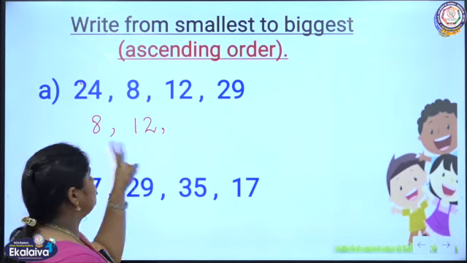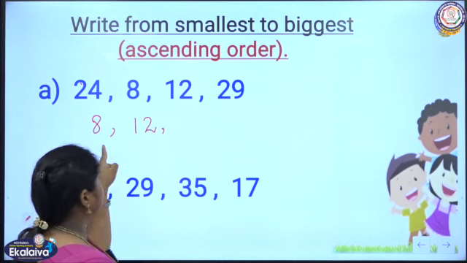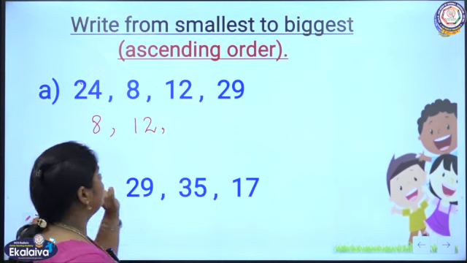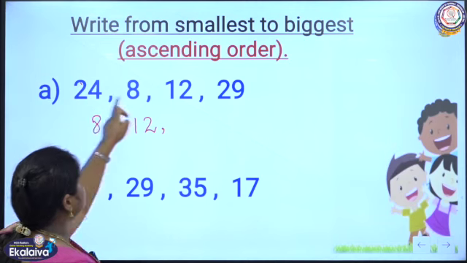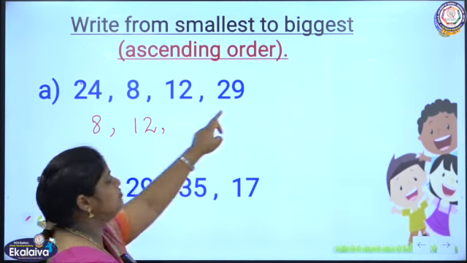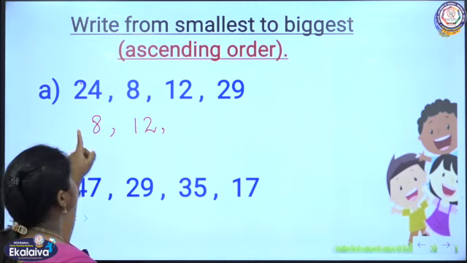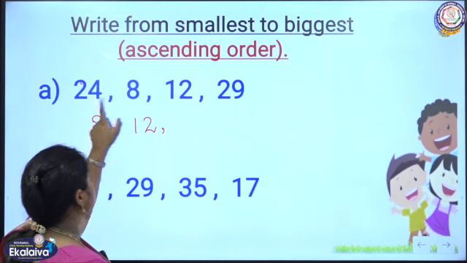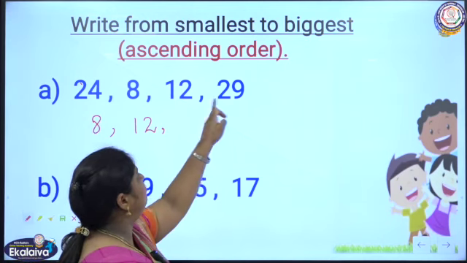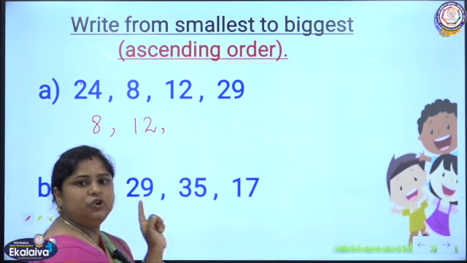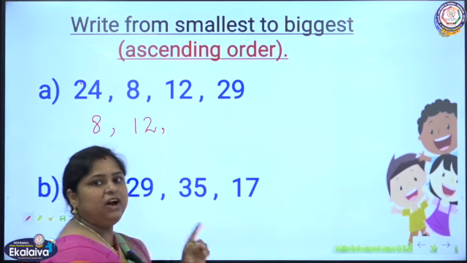Now I have arranged two numbers in order: 8, 12. So now I am going to check which is smallest in these two numbers. I have checked the tens value, and both tens values are 2. So now I am going to check the ones value.